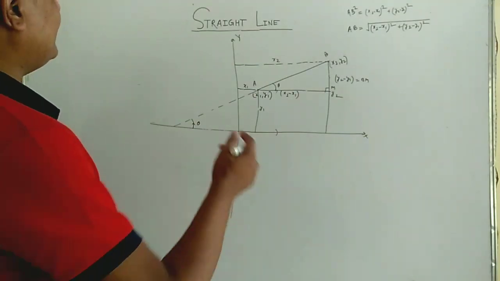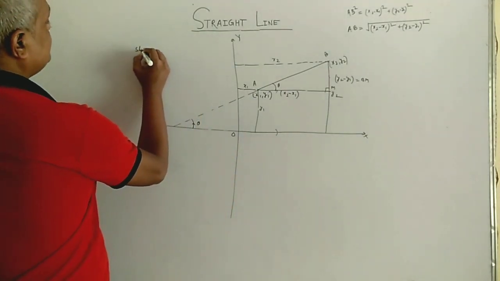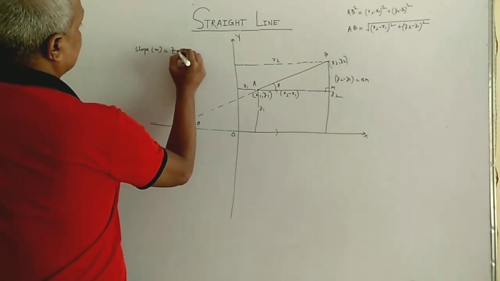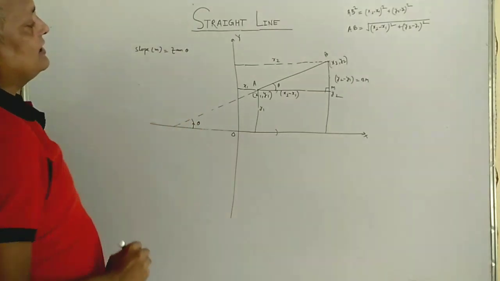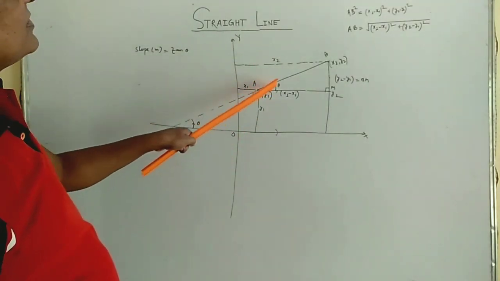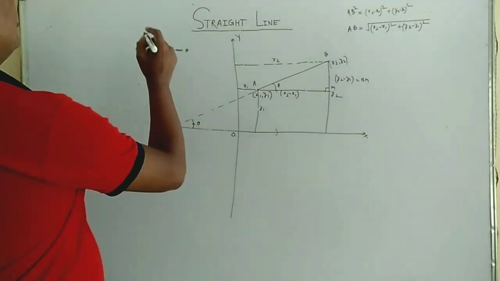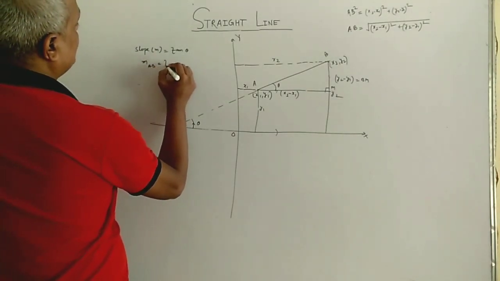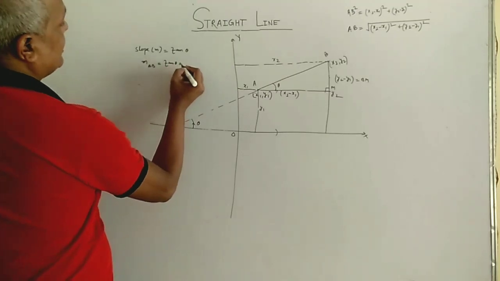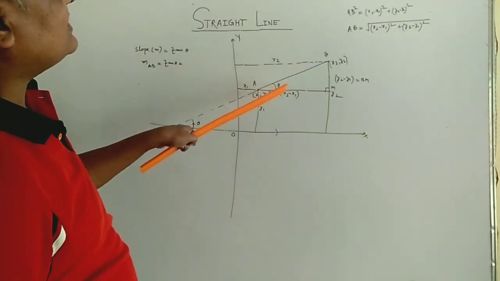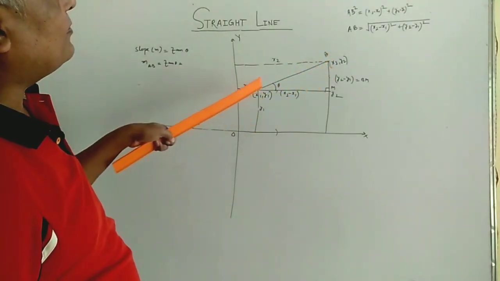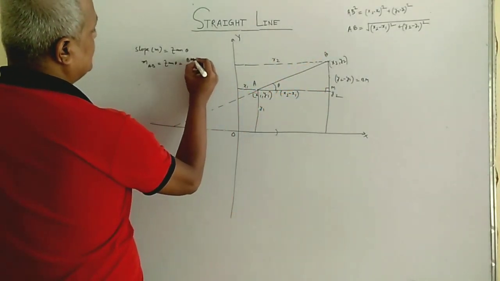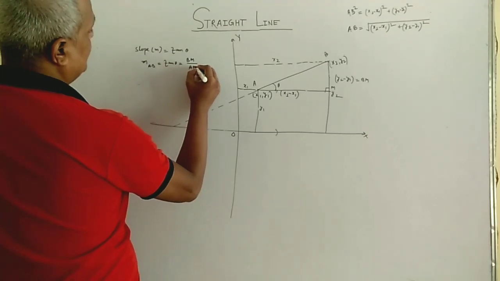Now the slope m is defined as tan of the angle made by the line with the positive direction of the x-axis. So slope of AB, m_AB equals tan theta. Now if you use basic trigonometry, tan theta is opposite upon adjacent, that is BM over AM.